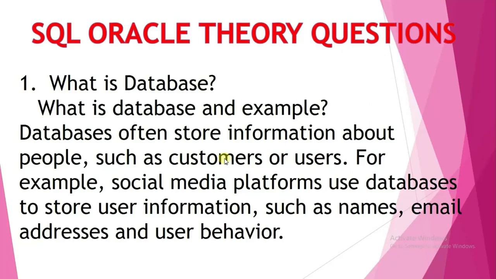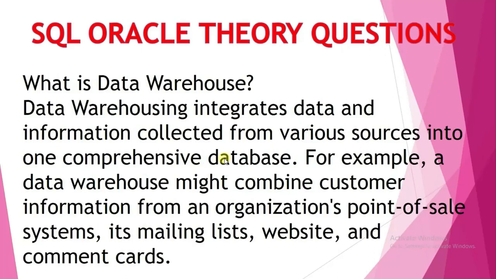Moving to the next one, what is a data warehouse? We already know what is a database, so now we come to data warehouse. Data warehousing integrates the data and information collected from various sources into one comprehensive database. For example, a data warehouse might combine customer information from an organization's point of sale systems, its mailing lists, website, and comment cards.